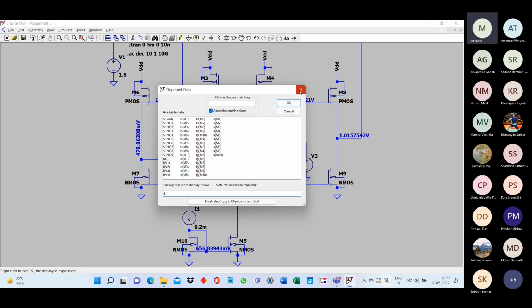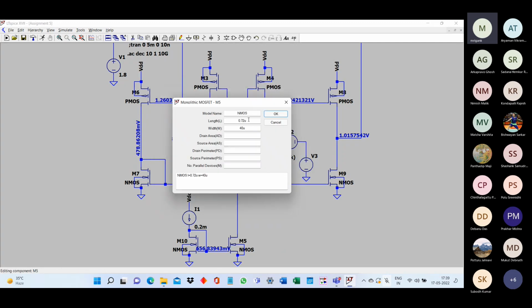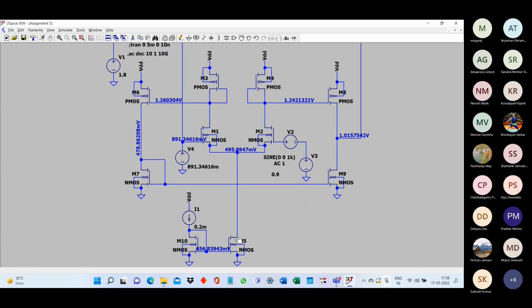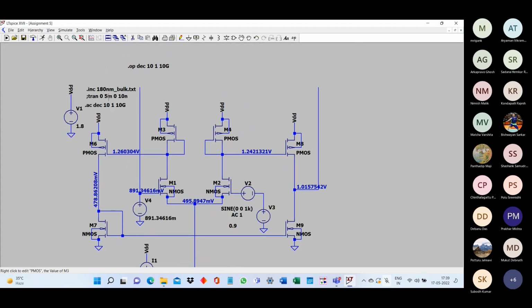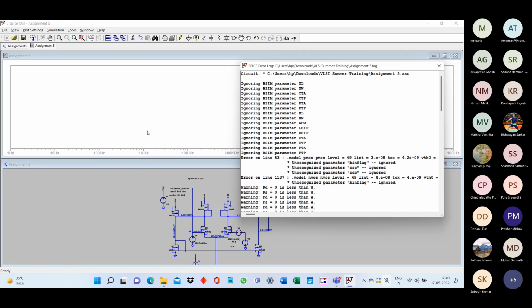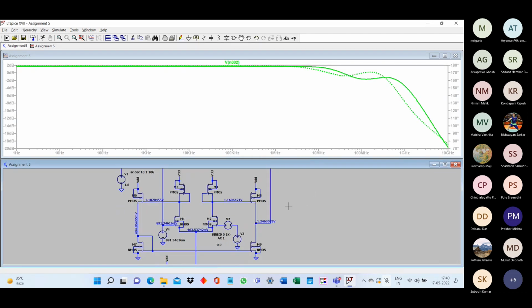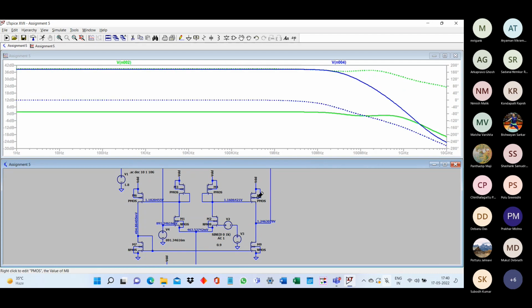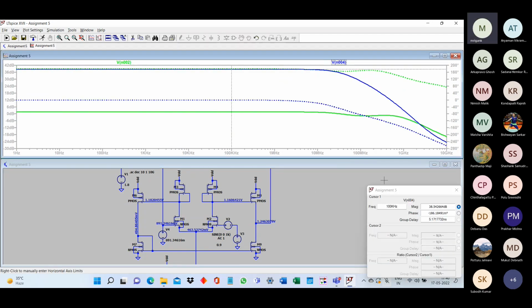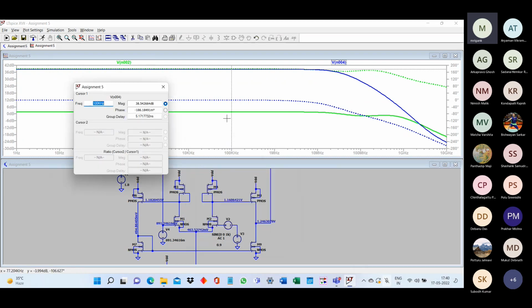Let us see what the gain is right now. Earlier it was 35, so it is 37 dB. So you are getting a 3 dB kind of improvement in the output stage.